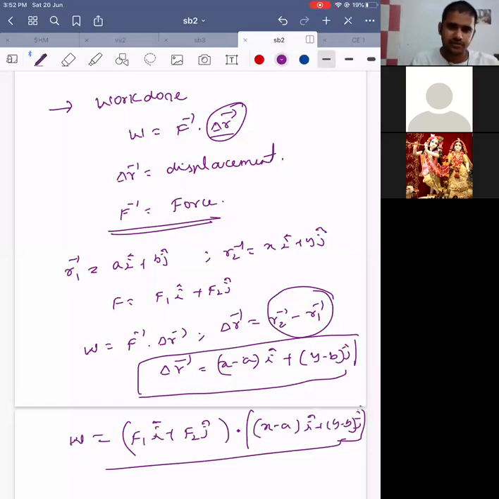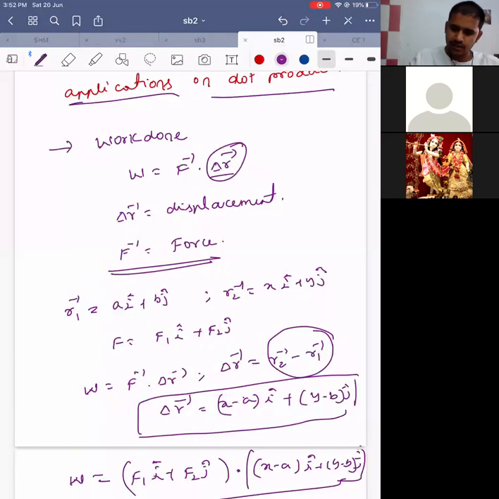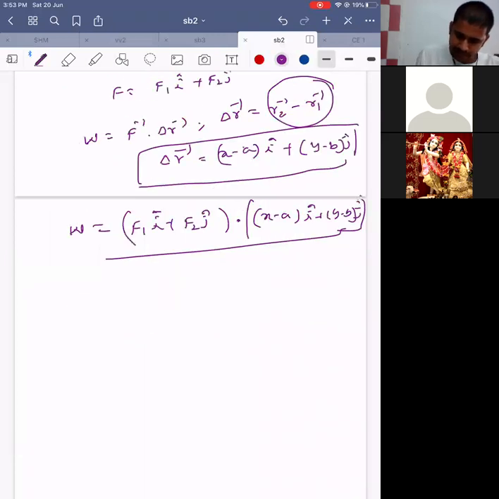Yes, very good. This is one of the applications, work done. And the next one is power. Better to write in exact terms, it's instantaneous power.